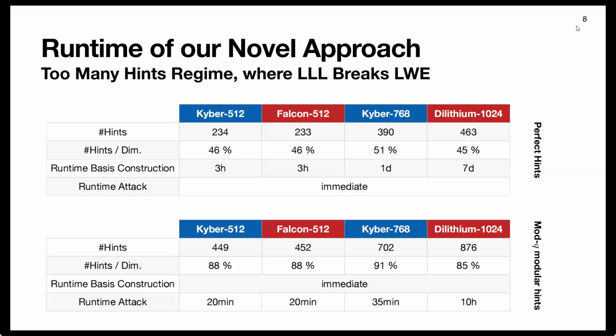Of course, that not only works in this too-many-hints regime where LLL already breaks LWE. Here, this is again the amount of hints that you need to be able to break LWE using just LLL. But if you have quite a bit fewer hints than that, then you have to use stronger lattice reduction, like BKZ, and then everything still works, you just have to spend more time.